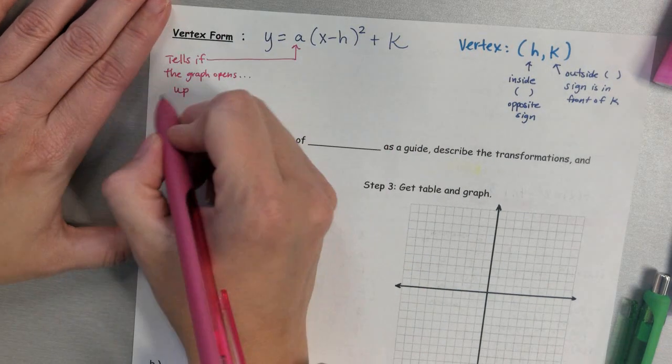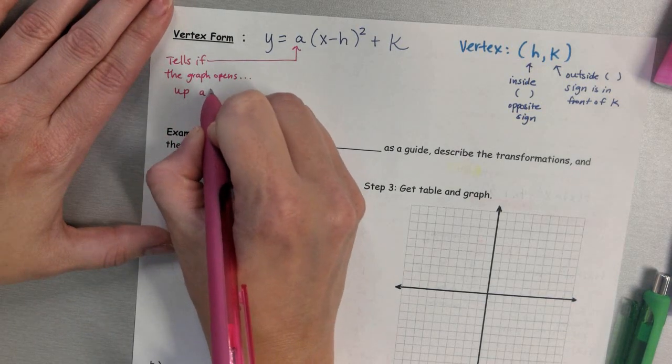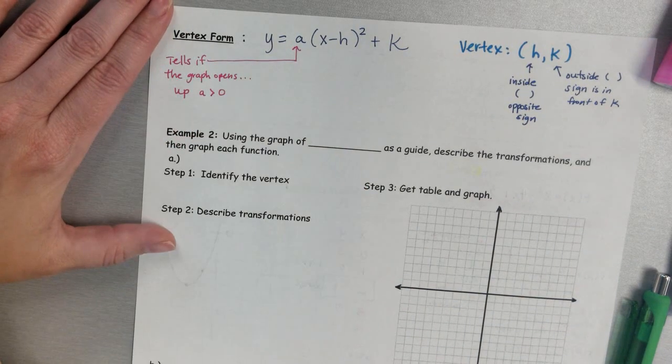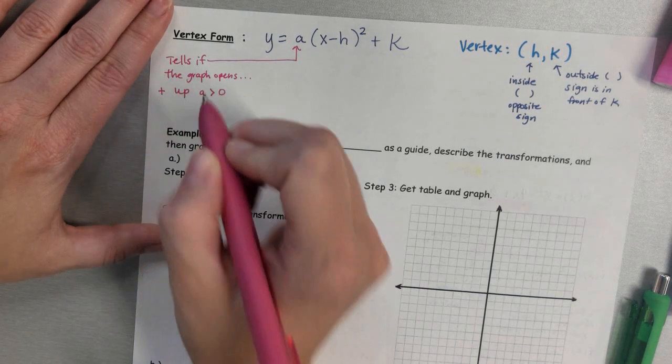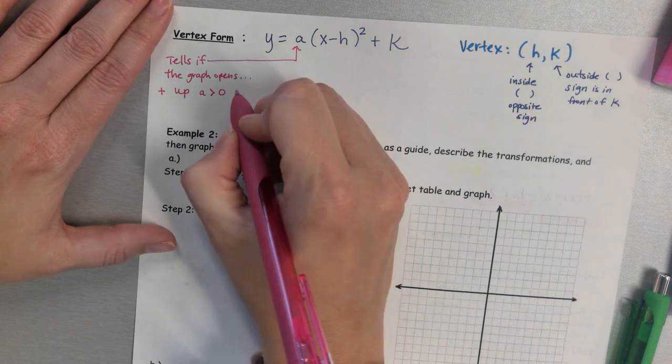If it opens up, your a value is greater than 0, which means that it's what? Positive. So if it's positive, it's going to open up.